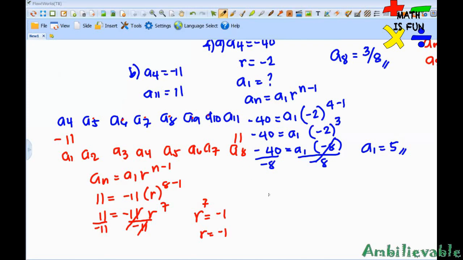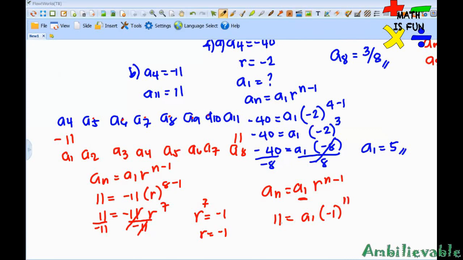So we have a sub n equals a1 r to the n minus 1. So we are looking for the first term, right? So a sub n, for example, a sub 11: 11 equals a sub 1, which is unknown, times negative 1 raised to the 11th number.